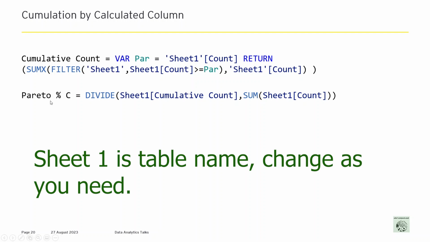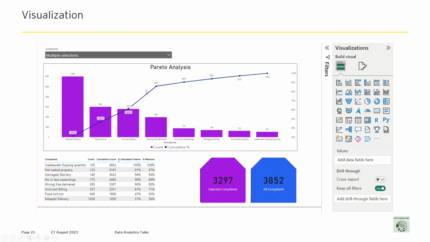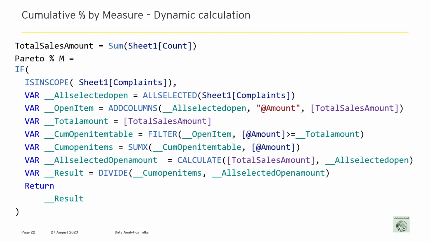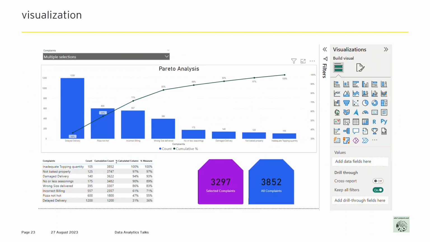And you can do a Pareto percentage by dividing cumulative count and sum of the count. And you can create a visual like this with the data available. Finally, you will have to create a measure which calculates the accumulation dynamically. With that, you will be completing both tasks.